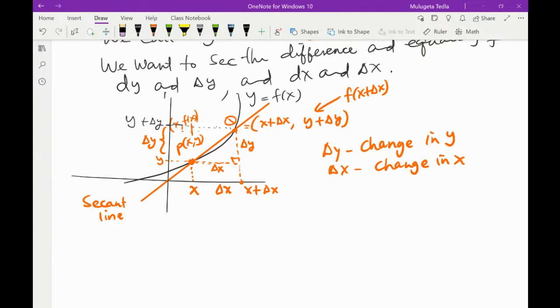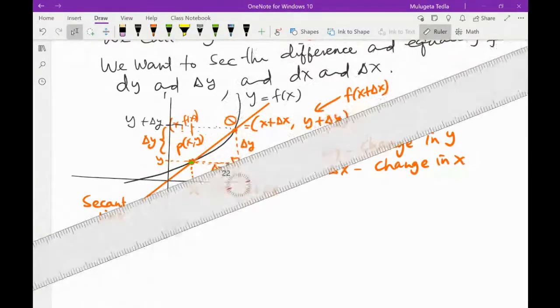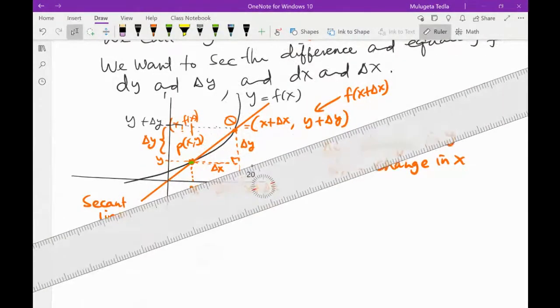So now let's consider, with a different color, a tangent line at that point. The tangent line at the point P. It touches the curve only at one point.